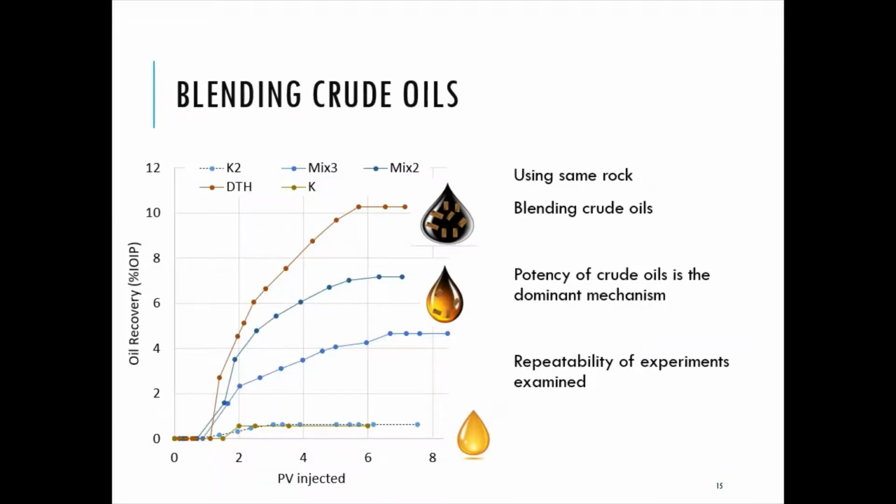So here are the results of the tertiary low salinity water injection using 4 different crude oils. This one is the weak crude oil, impotent or negative in terms of micro-dispersion formation. And this brown one is the very rich crude oil performing very well in terms of low salinity water injection, and we blended them.